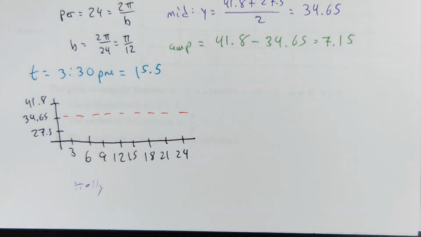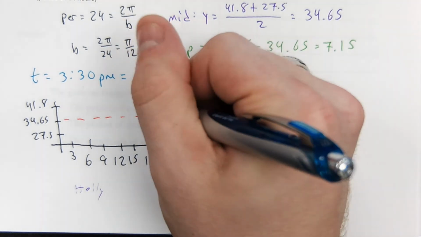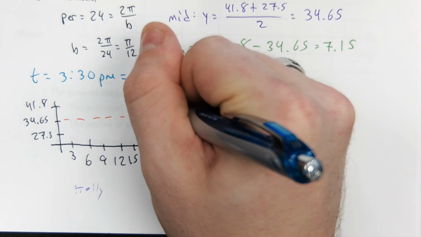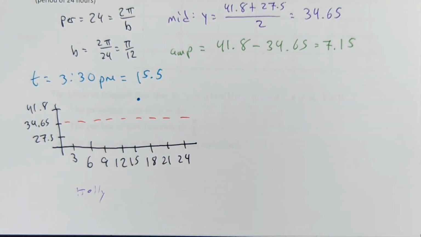And the only reason why I'm sketching is because it says to make a sine function. What we know is it's at its maximum temperature at 15.5. So that's about right here. So when was the minimum?